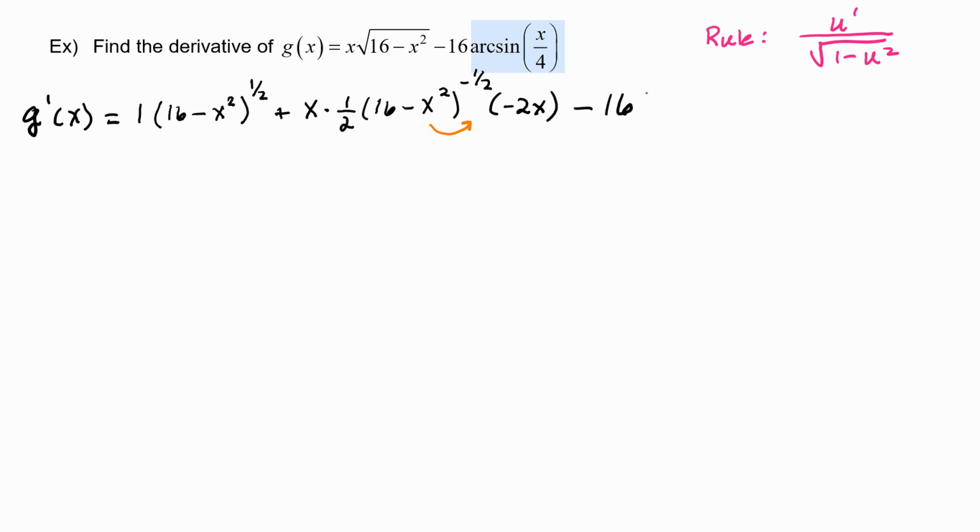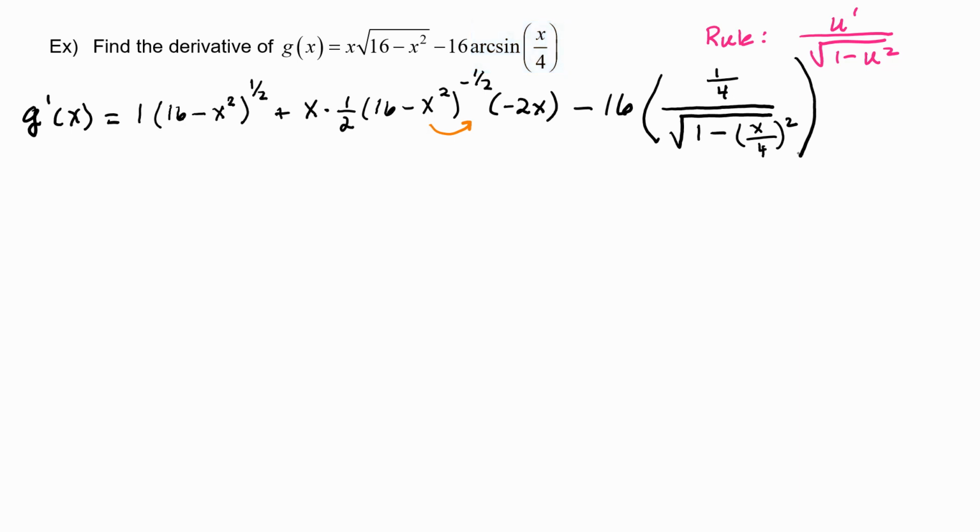So we will be multiplying by u prime, which would be 1/4, over the square root of 1 minus u squared, where u is x over 4, squared.